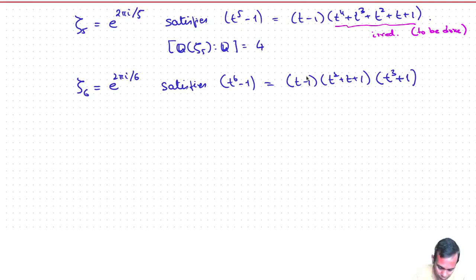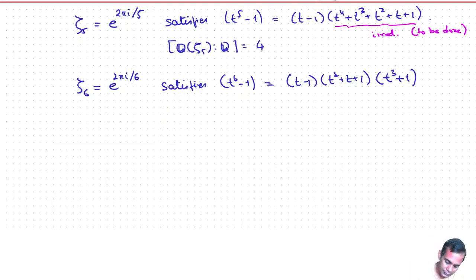Now this does not vanish at zeta 6. This also does not vanish at zeta 6. We know what its roots are. Its roots are powers of zeta 3. So this doesn't vanish at zeta 6. So this polynomial vanishes at zeta 6, and this polynomial is irreducible. Again, for a cubic polynomial, we know it's irreducible if it doesn't have a root.